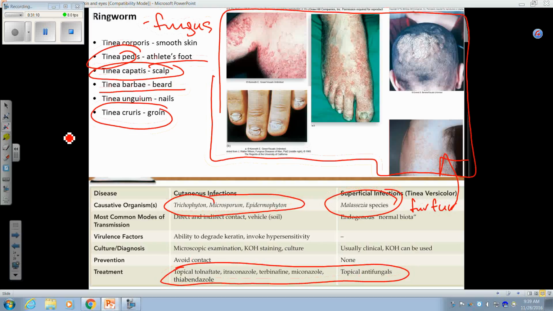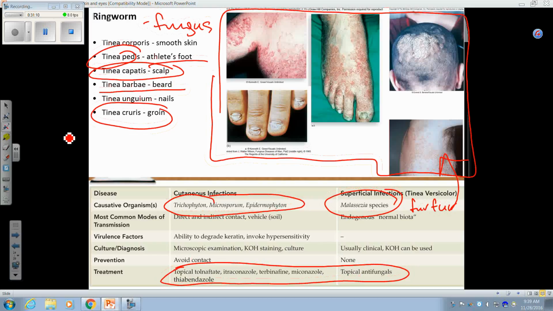And one of the common places where it is transmitted is what? Locker room, right? Because it's wet, it's warm, most importantly, wet. There's a lot of epidermis lying around there.